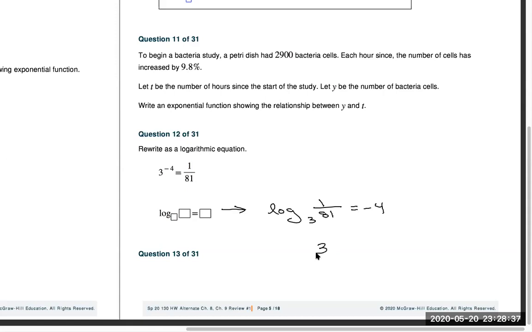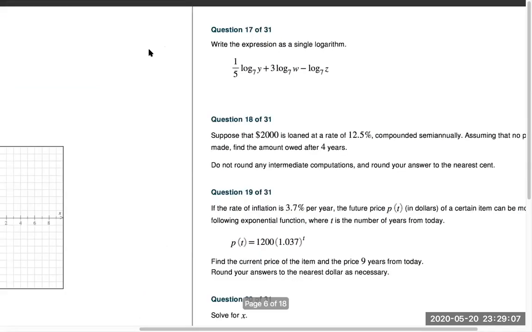Okay. So I would need to put an exponent of -4 on the 3 in order to get 1 over 81 out, which is true. Okay. All right, let me clear that out.